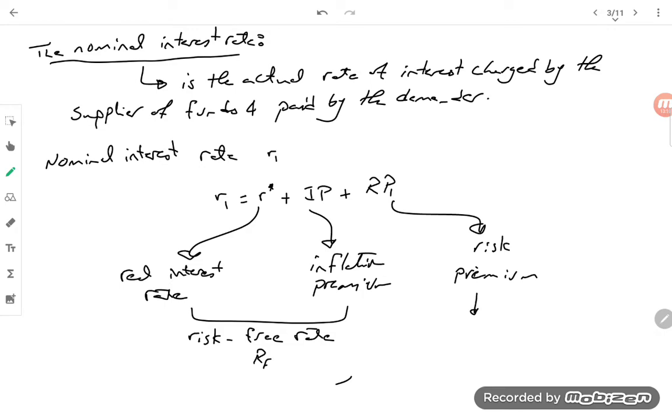So we can write it as R1, which is the nominal interest rate, is the summation of the risk-free rate plus the risk premium. Or in other words, the nominal rate consists of two main components: a risk-free rate of return and a risk premium.